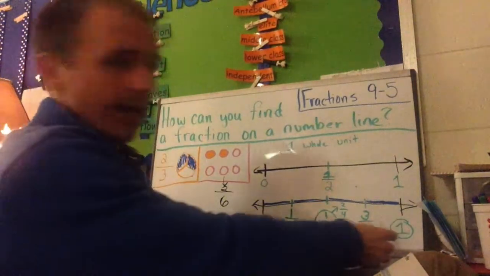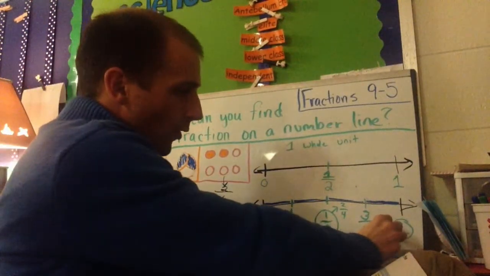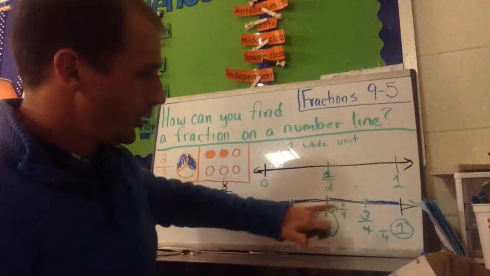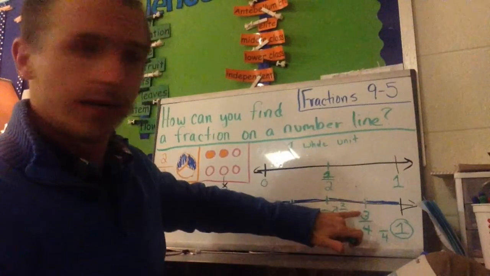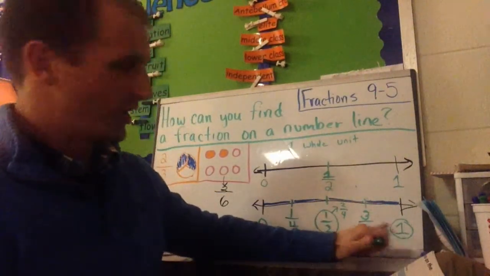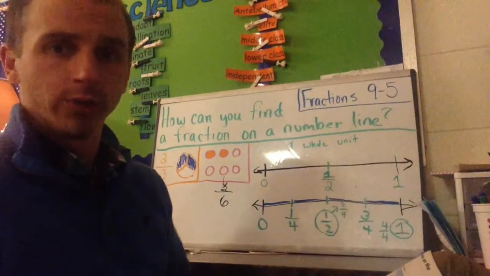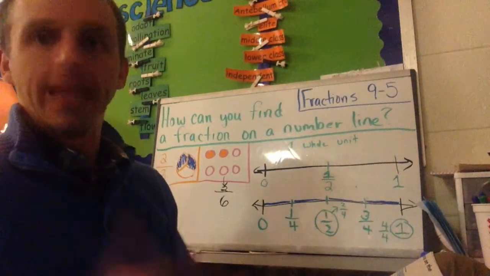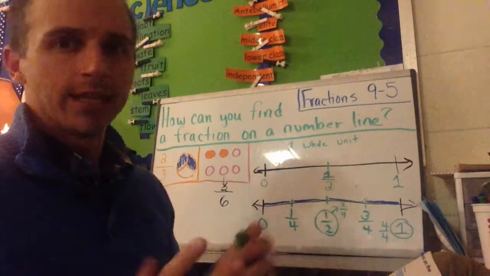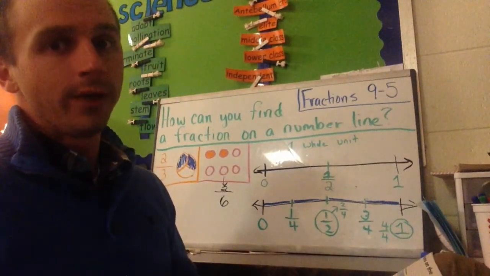We had 4 pieces. And so what number was this one? This was 0, 1, 2, 3, and 4. So 4 fourths, which is the same thing as 1 whole unit. So this is the beginning of looking at fractions on the number line. And if you need to see it again, make sure you rewind it and watch it again.